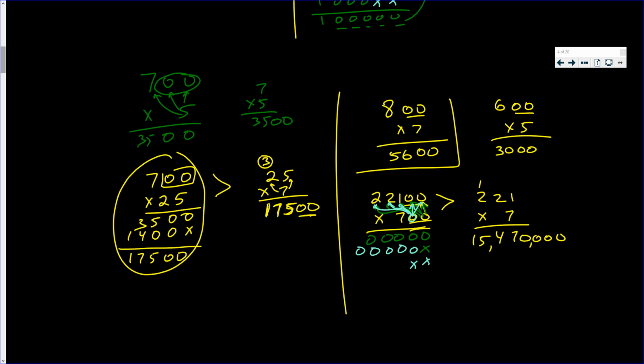Now indent 2 times, and now do 7 times 0 is 0, 7 times 0 is 0, 7 times 1 is 7, 7 times 2 is 14, carry the 1, 7 times 2 is 14, plus 1 more is 15. We get 0, 0, 0, 0, 7, 4, 5, 1.